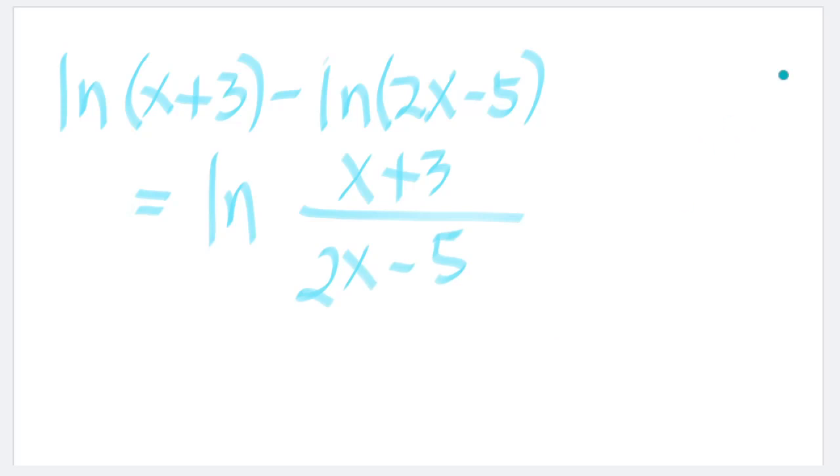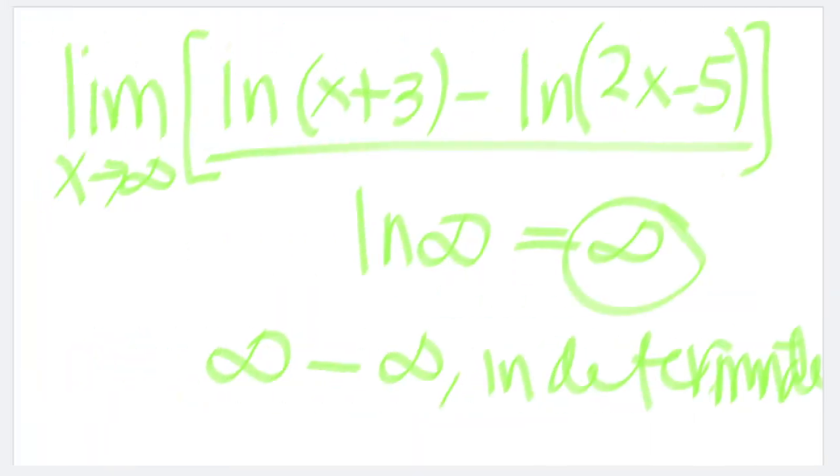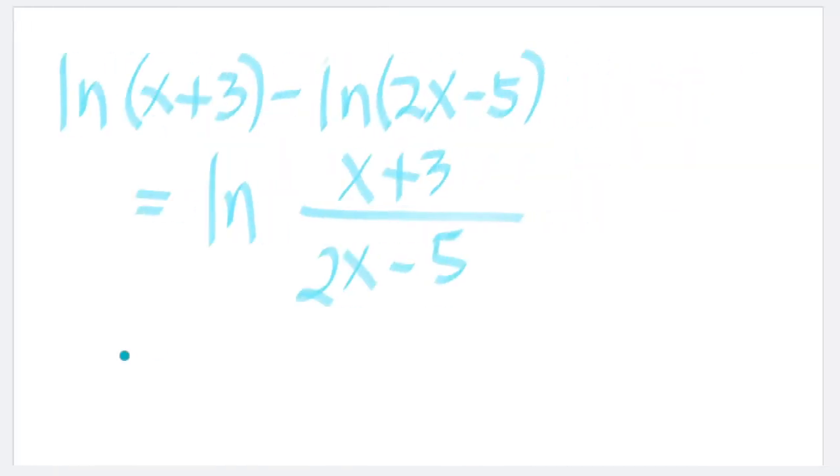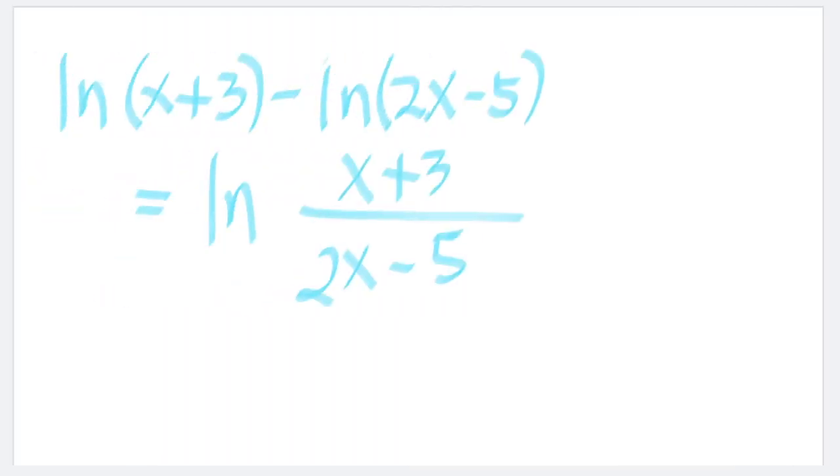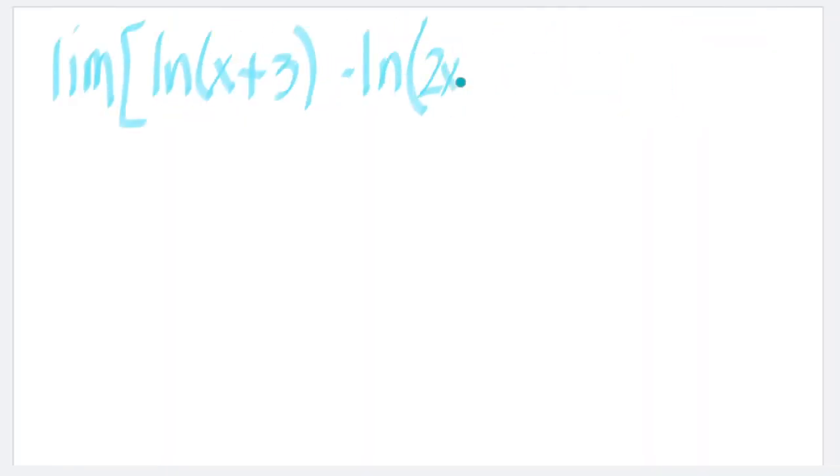And we know in logarithm, so therefore this limit of ln of x plus 3 minus ln of 2x minus 5 as x approaches infinity is just equal to what?